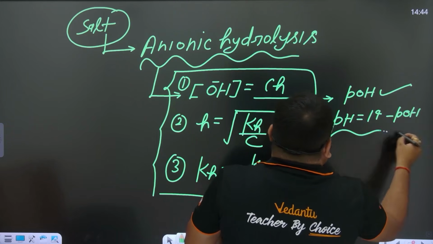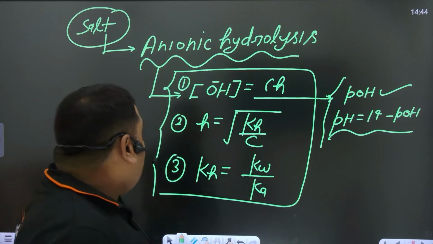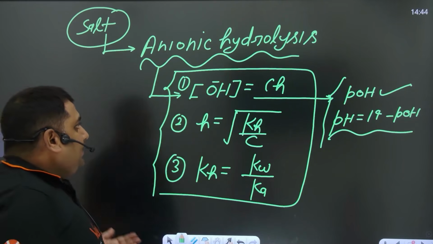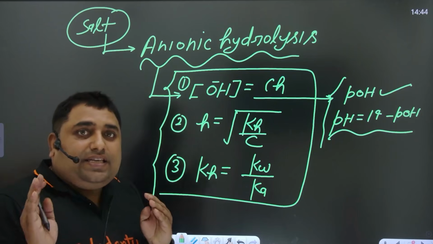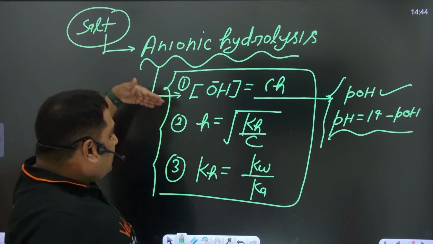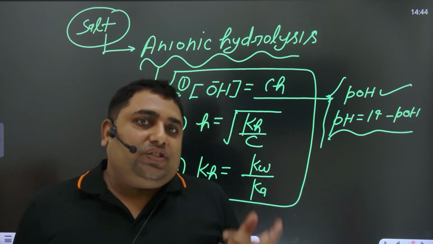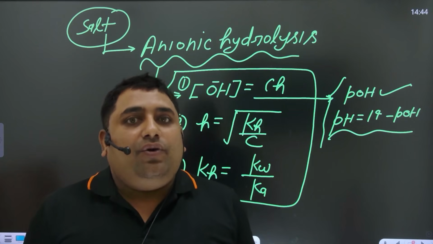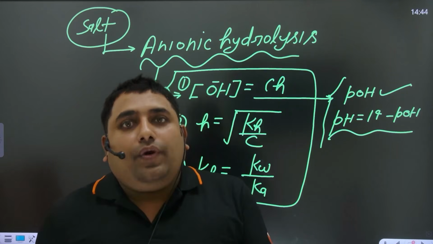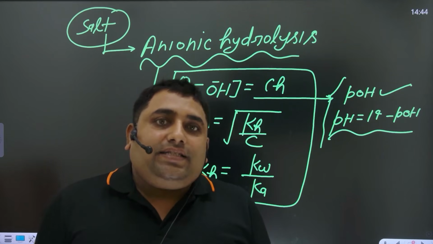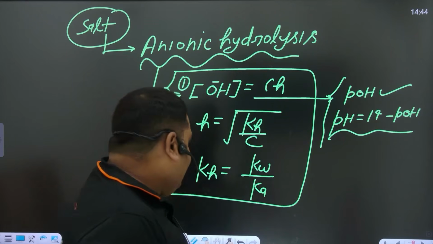So better not to remember the explained standard formulas. Just go like this for the particular question. This is the very easy approach to solve the question. Just using these three formulas, you are able to calculate the h value, Kh value, pH value and pOH value in case of anionic hydrolysis. And in a similar way, you are able to calculate pH, pOH, h and Kh value for cationic hydrolysis. So let us see using the analogy, right?